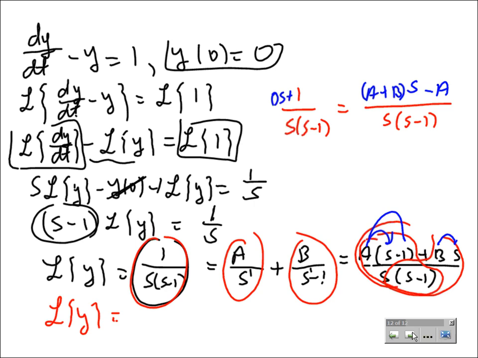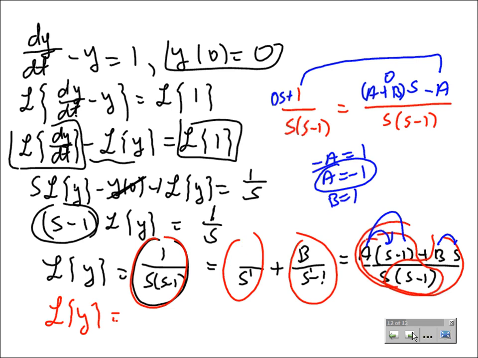So negative A is the constant, so A is negative 1. Okay, wonderful. And A plus B is 0, so B is 1. So A is negative 1 and B is positive 1. So L of y is negative 1 over s plus 1 over s minus 1.